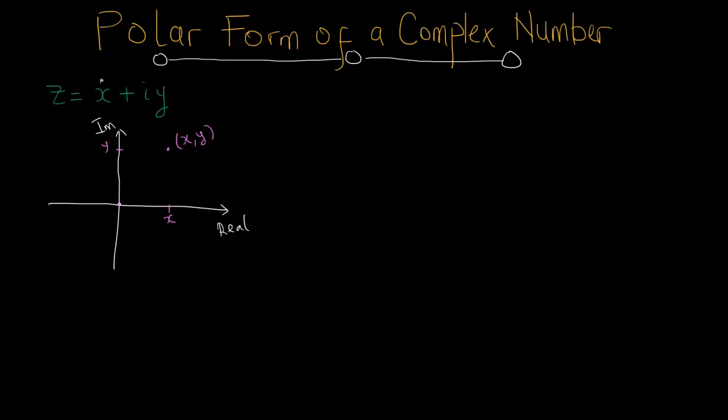So the complex number is just going to be this line from the origin right to the point of intersection of x and y. So this is the complex number. And of course, I would see that this complex number is a straight line, so I can take a measure of its length. And we know that if z is a complex number, introducing it between two straight lines would represent the length of the complex number.